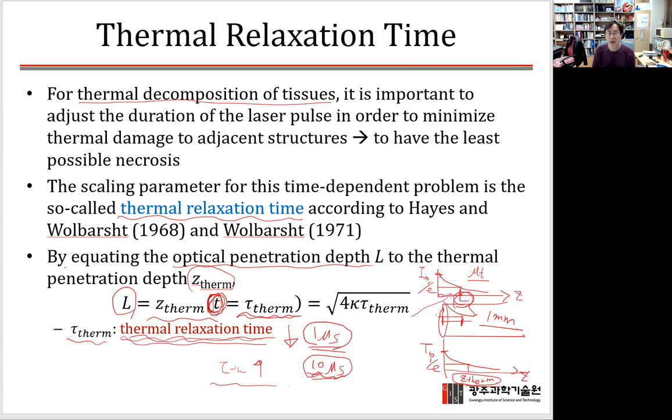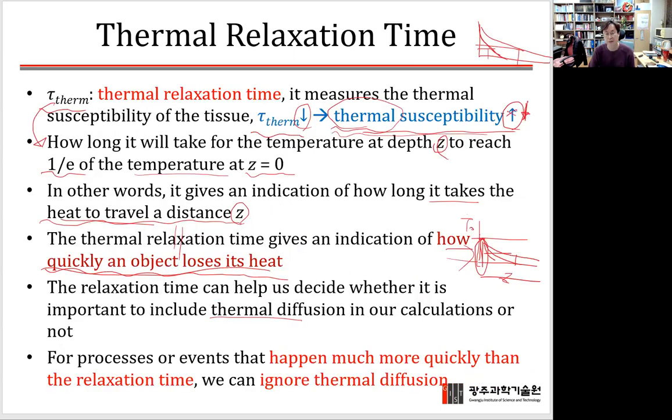So this case is very slow heat conduction. For the 1 microsecond case, that represents very fast heat conduction. So a smaller value of the thermal relaxation time means fast conduction, so it will also have a fast loss of heat.